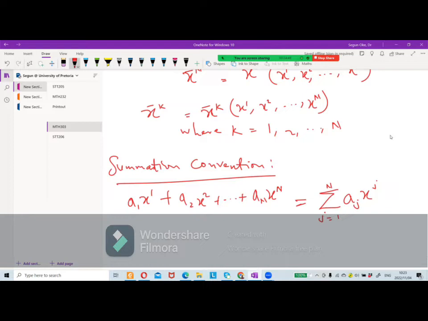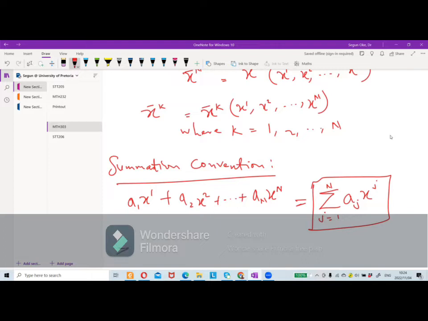So we continue to use this expression in tensor. That is why in tensor, instead of using index j, we can use another letter, say p or q.